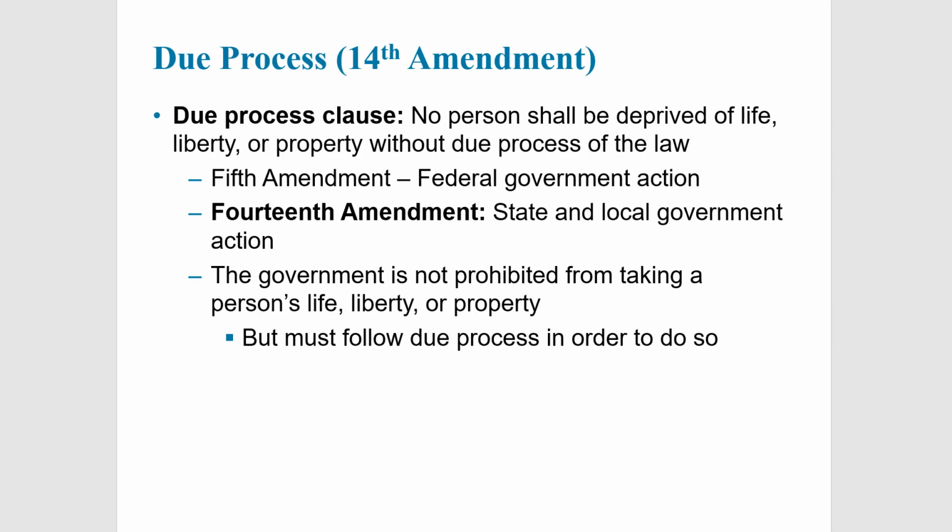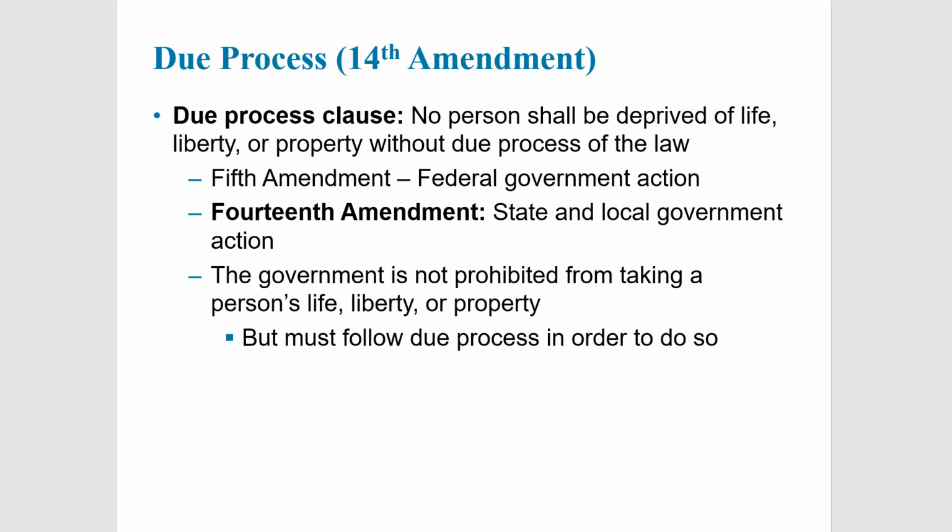Still in the 14th Amendment, the Due Process Clause. This says that no person shall be deprived of life, liberty, or property without due process of the law. Under the 5th Amendment, that would also include federal government action.